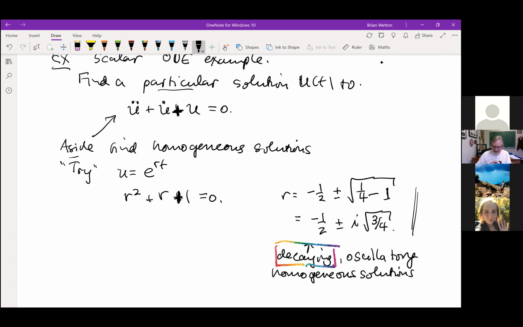I want to find the particular solution that has none of these decaying parts in it, right? Oh, I'm finding a particular solution. I haven't put the forcing in here. Okay, the aside was doing the equation as I actually wrote it.